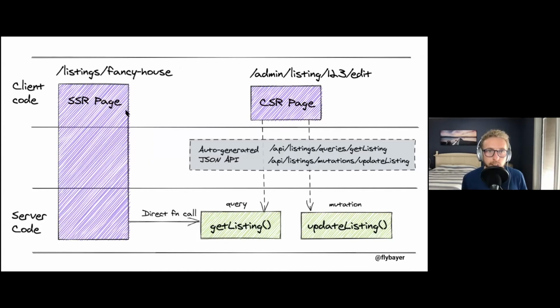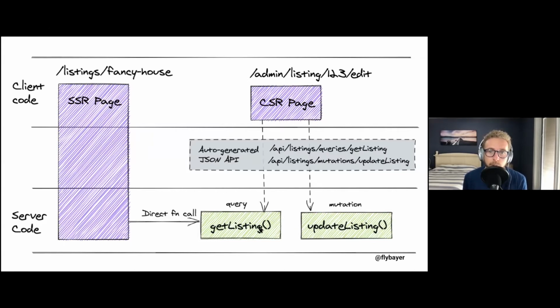So here is a rough architecture diagram, gives you a little bit of an idea. On the right side, you can see we have a client-side rendered page at the top right, say some type of admin page, and then this gray box is the auto-generated API endpoints that Blitz gives you, so that you don't have to even think about the gray box, but it is there.